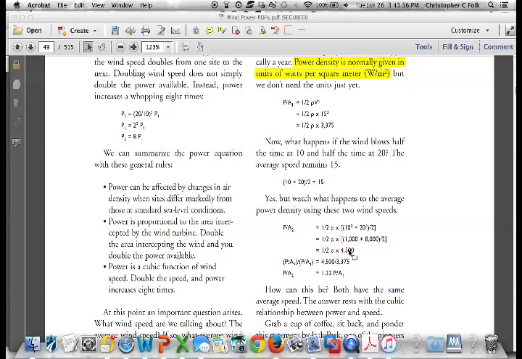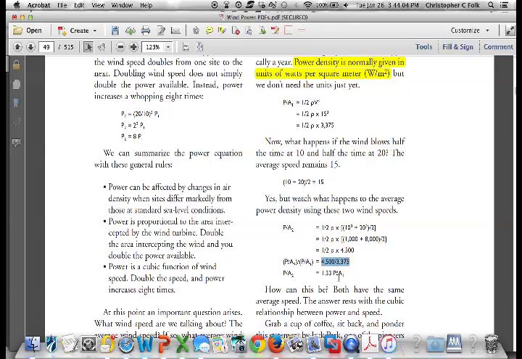Wow. Even though a 10-mile-an-hour wind and a 20-mile-an-hour wind average out to be 15 miles an hour, I'm getting more power here. I'm getting 4,500 rather than the 3375 that we had up here. If I divide the 4,500 by the 3375, it shows me a new density of 1.33.